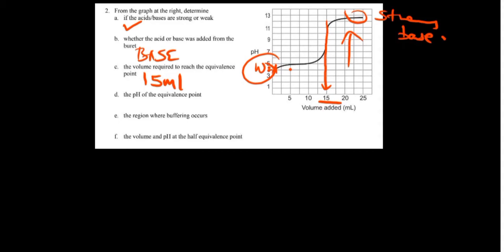And then the pH of the equivalence point, you need to look at the middle part of that region that I've drawn a line. Okay, so I can remove that line so that we can see what we're going to have. Let me remove that. So we're saying 15 milliliters, of course. So this region is kind of starting from there and then ending at that point. So the middle part is somewhere there.